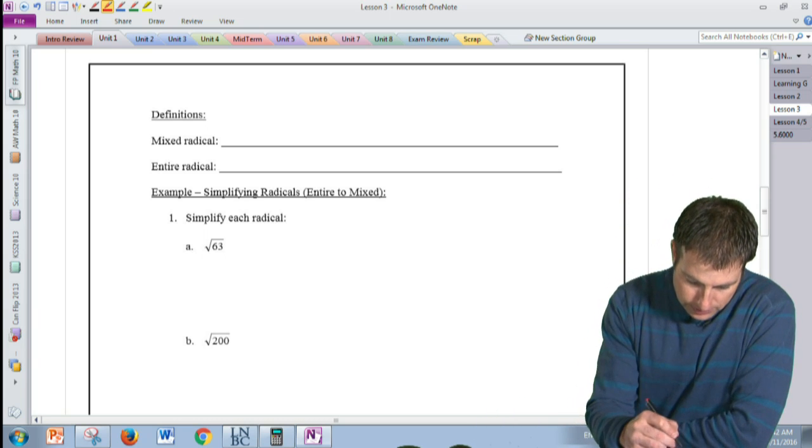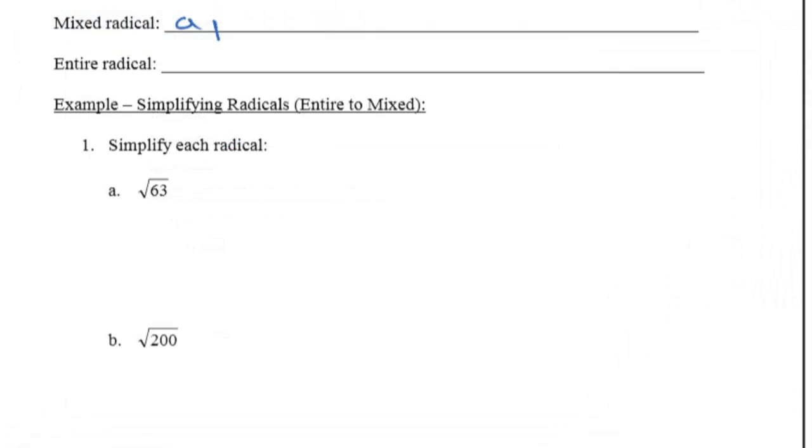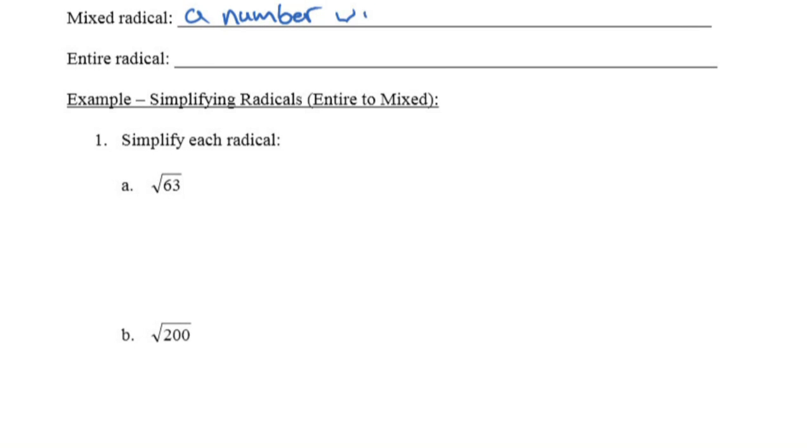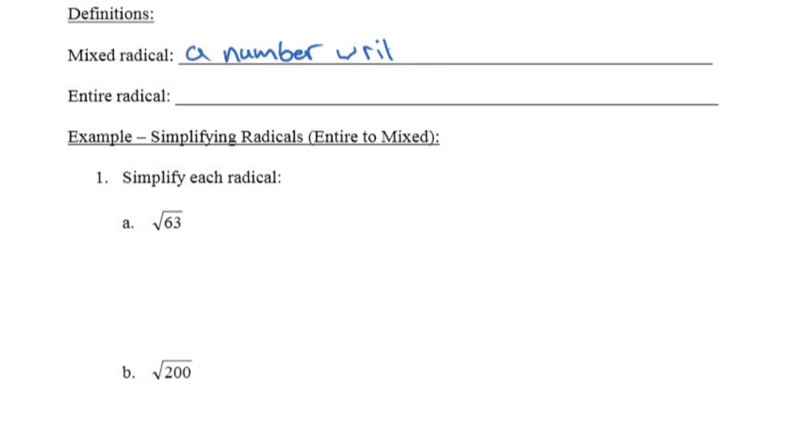A mixed radical is a number written as a product of a number and a radical.